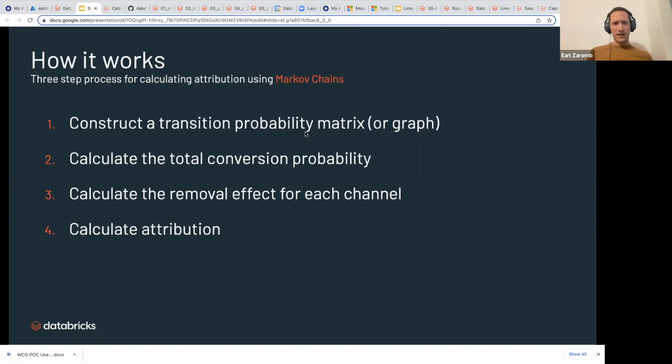That's the idea of what will happen if we never had any Facebook ads, for example, and see what that would mean from a conversion probability perspective. And using that, we are then able to come up with an overall attribution estimate of the efficacy of each marketing channel on driving conversions.